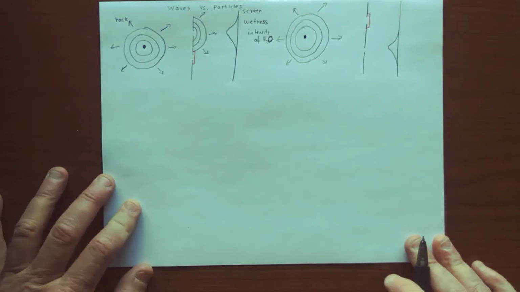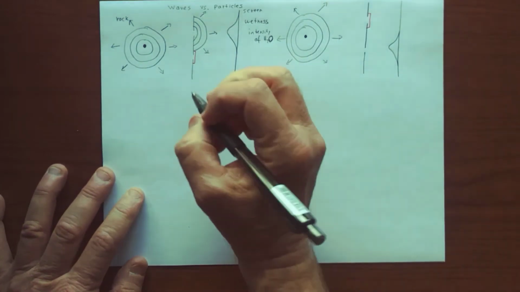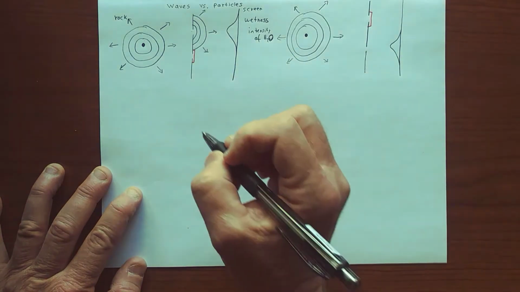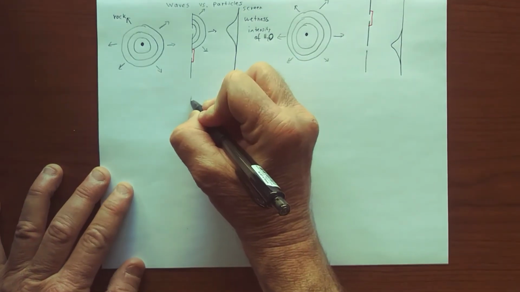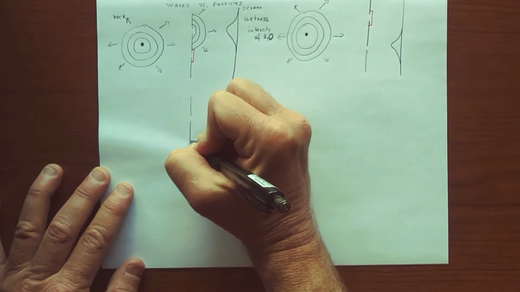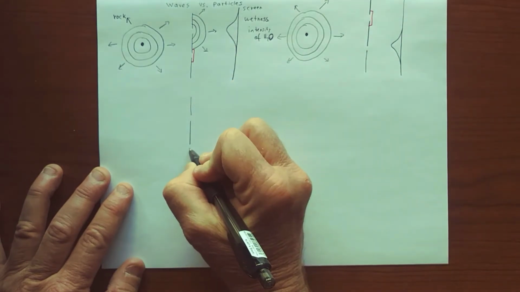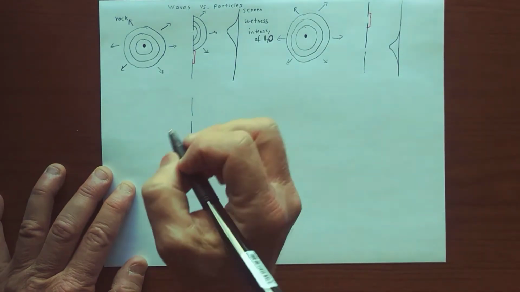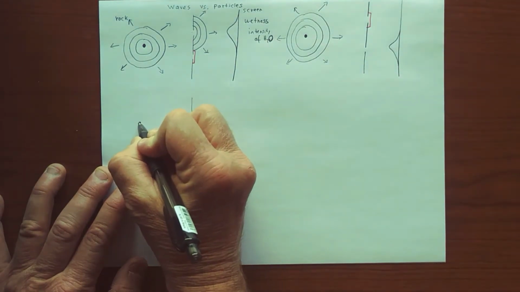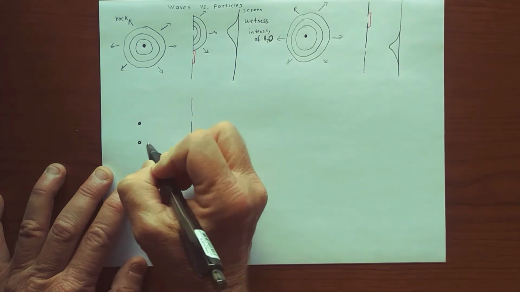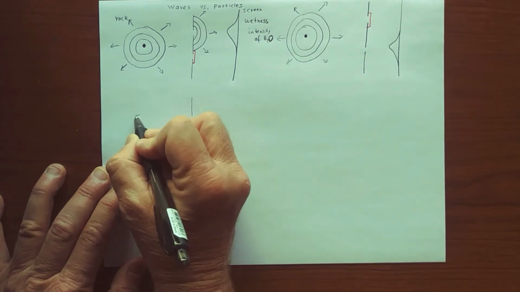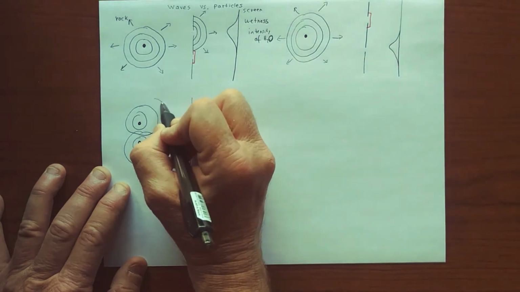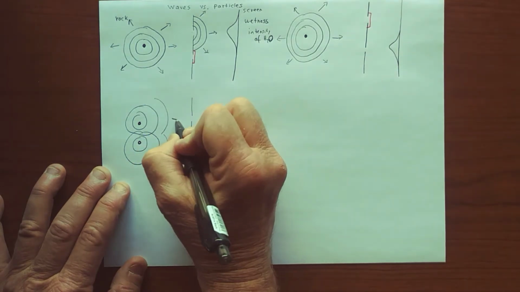But now let's imagine that we drop two rocks. So we have something like this, and we have our little ripples that are created, and they move outwards like that.